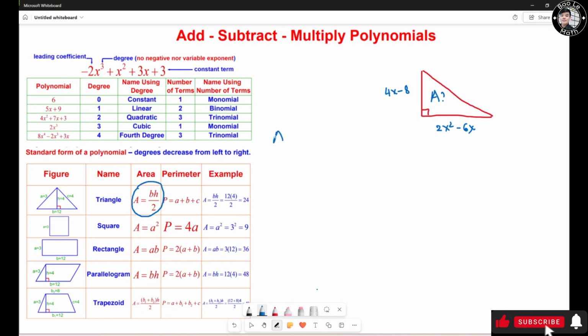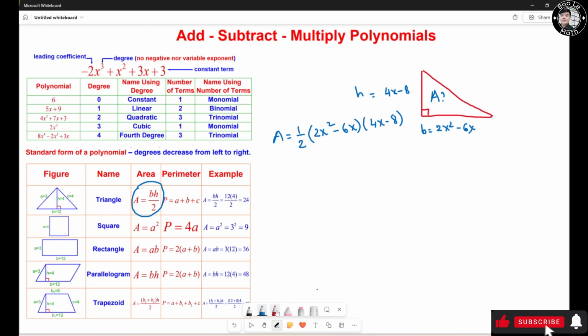So I just apply this formula. The base is 2s squared minus 6s. The height is going to be this guy, right? So it's going to be 1/2 times 2s squared minus 6s times 4s minus 8.